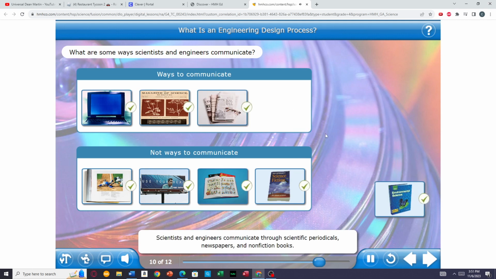Good work! Scientists and engineers communicate through scientific periodicals, newspapers, and non-fiction books. Engineers do not use comics, fiction books, advertising images, or the sports page to communicate their results.